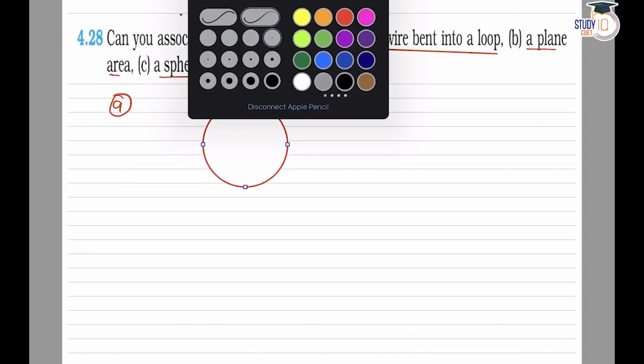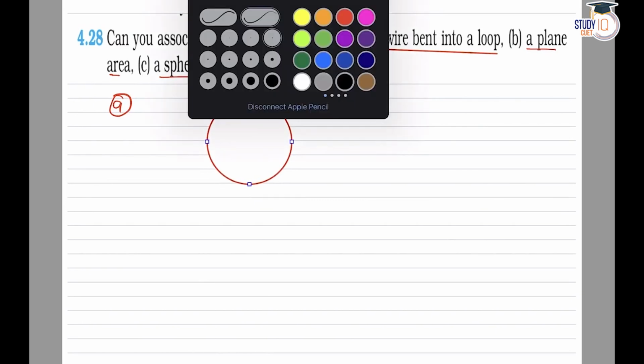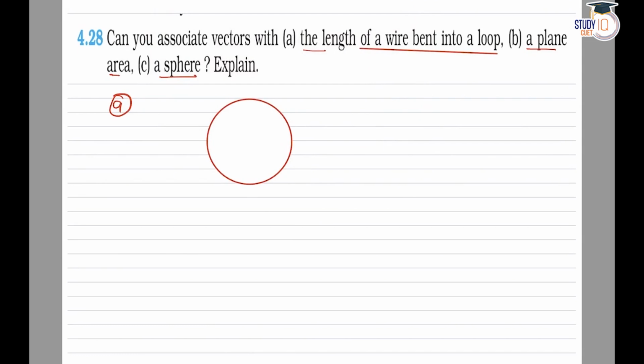In this case, the direction at each point varies. At this point the direction is this, at this point the direction is this. So there is no specific direction defined in the case of a loop.